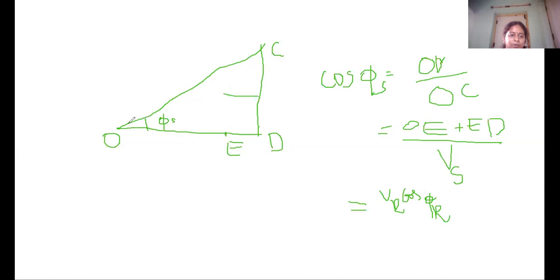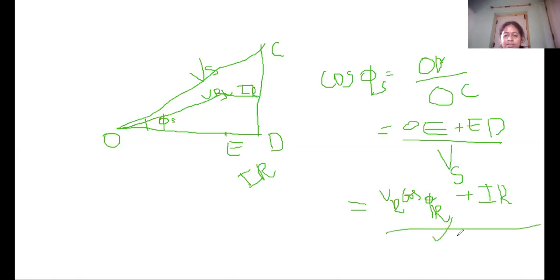And the ED value is nothing but, here is one more line. Sorry, this is VR and this is Vs. This is the value I into R. So ED equals I into R. So cos phi s equals VR cos phi r plus I into R, divided by Vs. This is the formula for cos phi s.